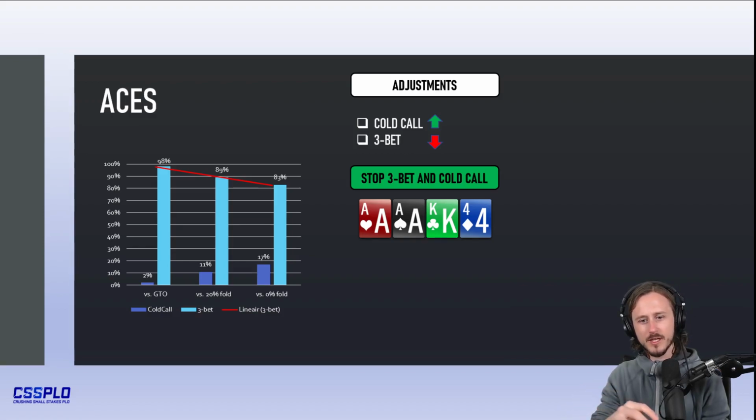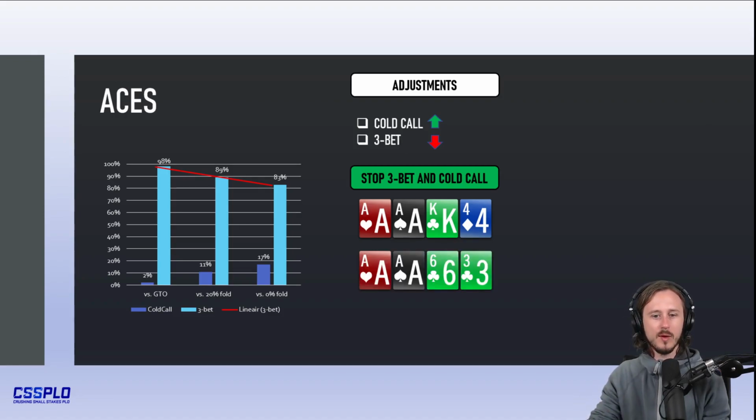These are the worst aces, like most of the rainbow aces, like ace-king-4 for example, as well as ace-6-3 single suited, disconnected single suited aces with a low suit. Those hands are very often now used as a cold call instead of as a 3-bet here.